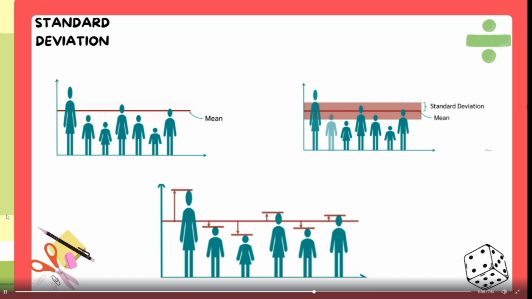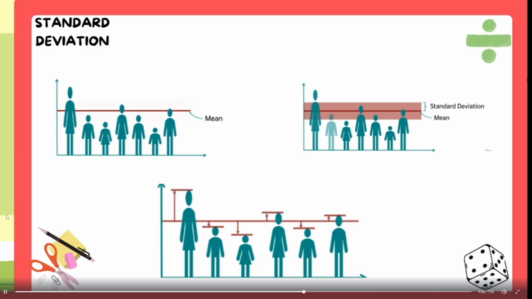Some people are a little above and some are a little below. These are the individual differences. The job of the standard deviation is to turn all those separate differences into one single, powerful number, which is visualized by the shaded red bar.